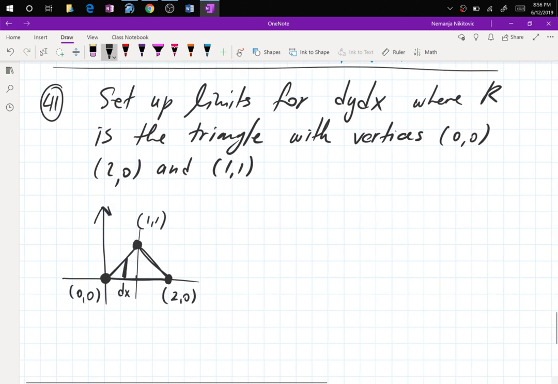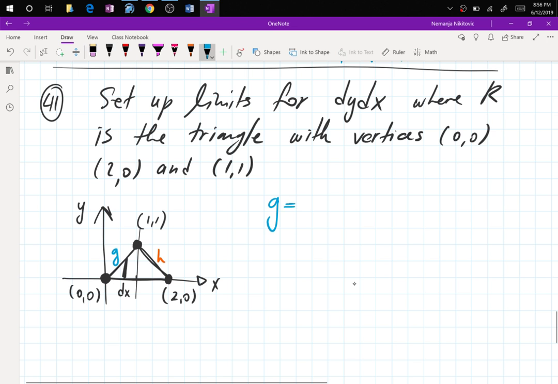So let's go. The first order of business is to draw. Second order of business is what are my functions? Let's call this g, and let's call this h. Now these are linear functions from like fourth grade.